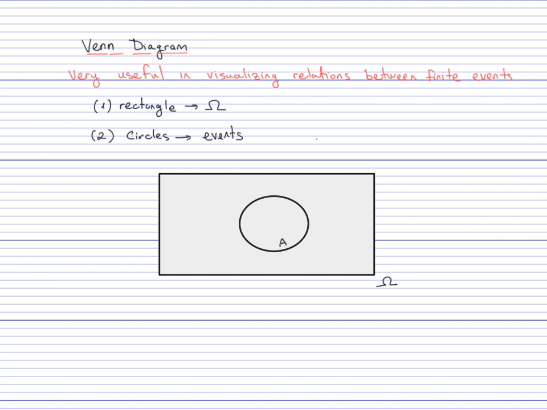So let's continue with an example. Suppose that you're rolling a die again, and we define A to be an outcome less than 3, B an even outcome less than 6, and C, the outcome is 6.